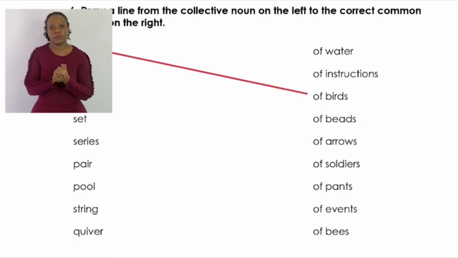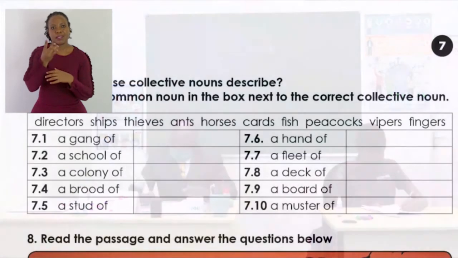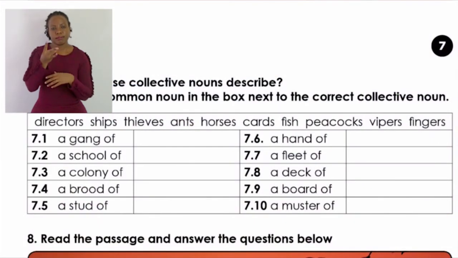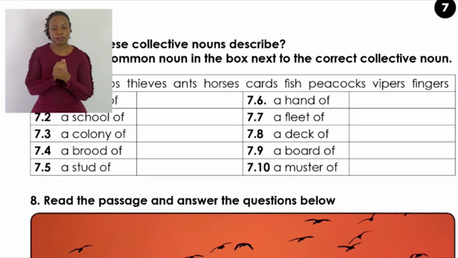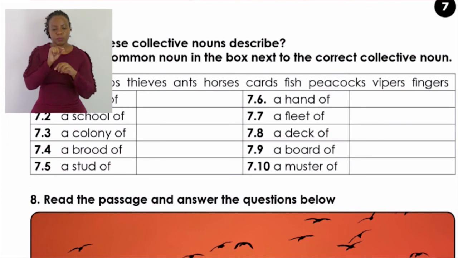And activity 7. Our activity 7 says, who does these collective nouns describe? This is on page 7. Write the common noun in the box next to the correct collective noun.